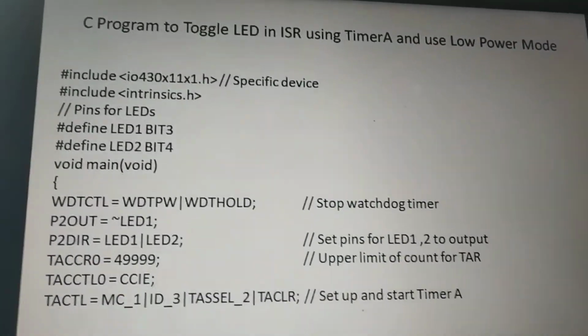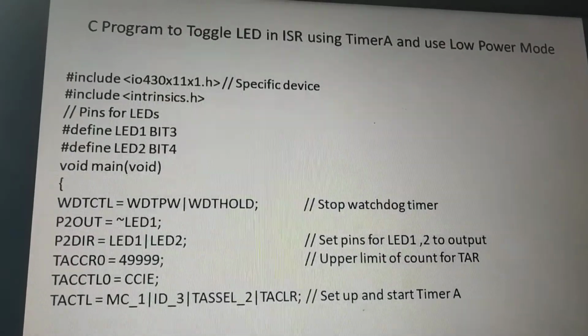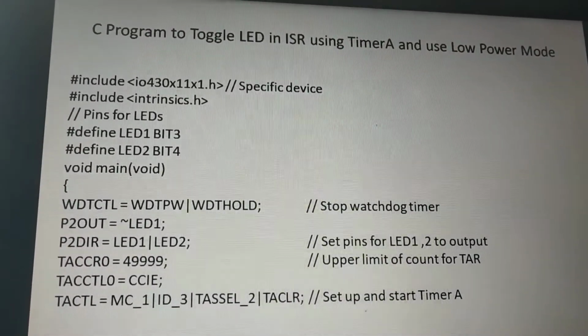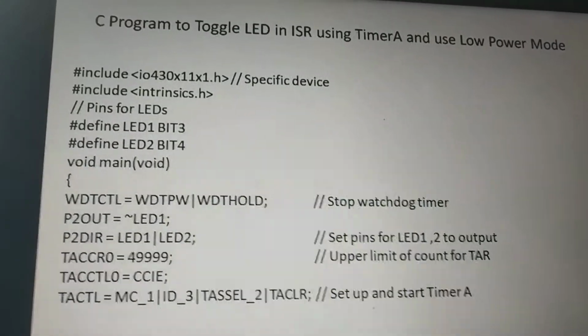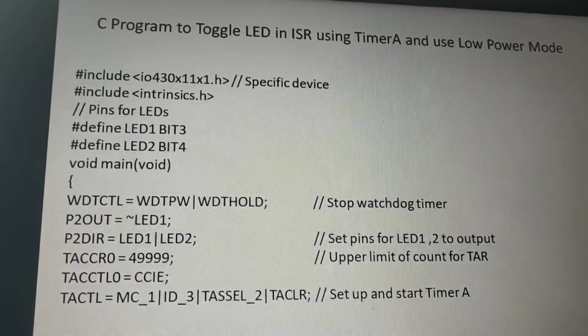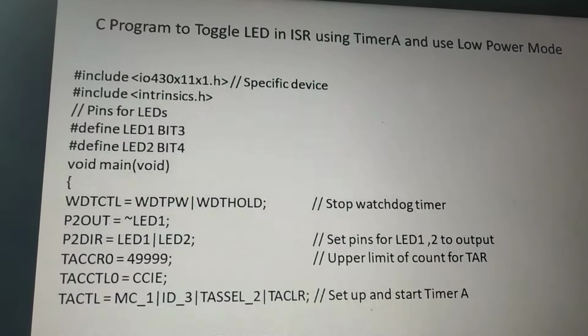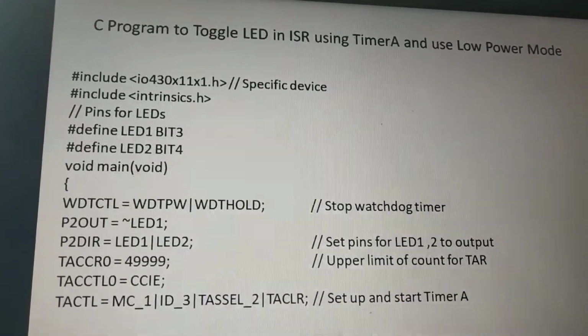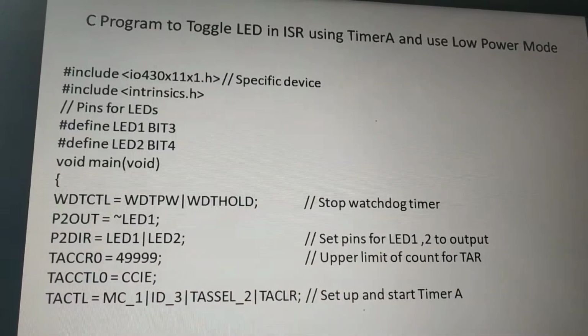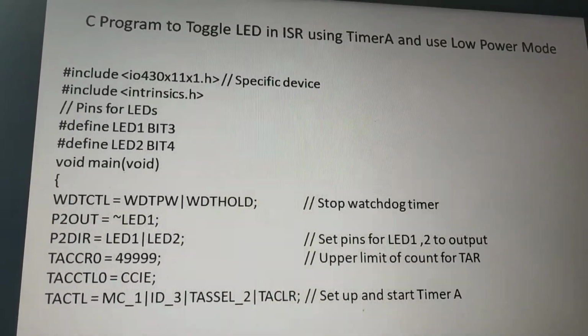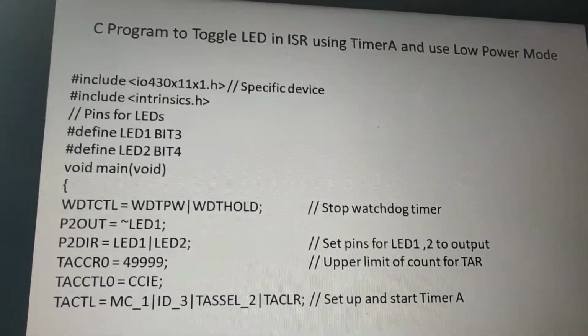Also, please make sure whether it is a C program or an ALP, because we are learning both C and ALP. So starting with hash include IO430x11x1.h. I've used 11x1.h because the same program we have implemented in Proteus as well, and there the device used was 1111.